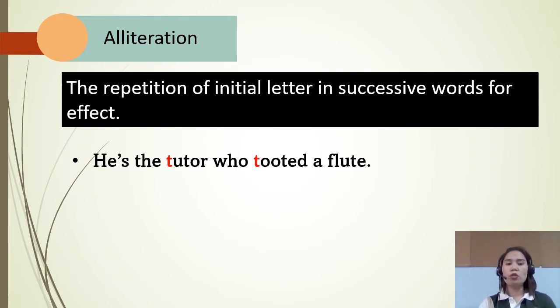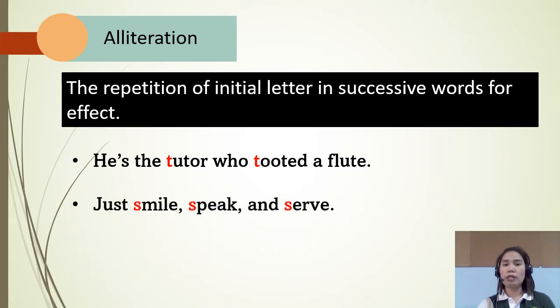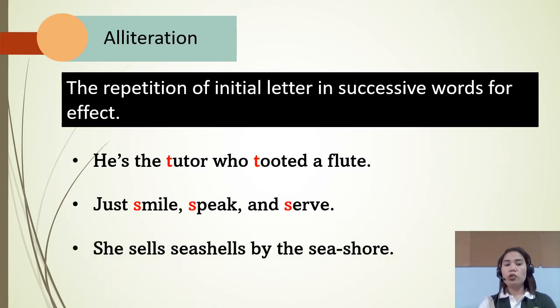Here, the sound of letter T. Next: just smile, speak, and serve. The initial letter S is repeated. And we have: she sells seashells by the seashore. Again, the repetition of the letter S, that is alliteration.